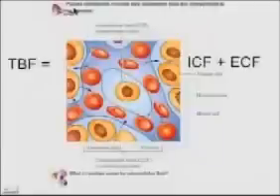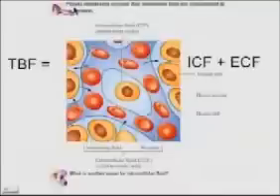So this slide is demonstrating that the plasma membranes regulate fluid movements from one compartment to another. We begin that concept evaluation by looking at the formula: total body fluid equals intracellular plus extracellular fluid. So here we see a blood vessel wall, a capillary wall, with a tissue cell outside of that.